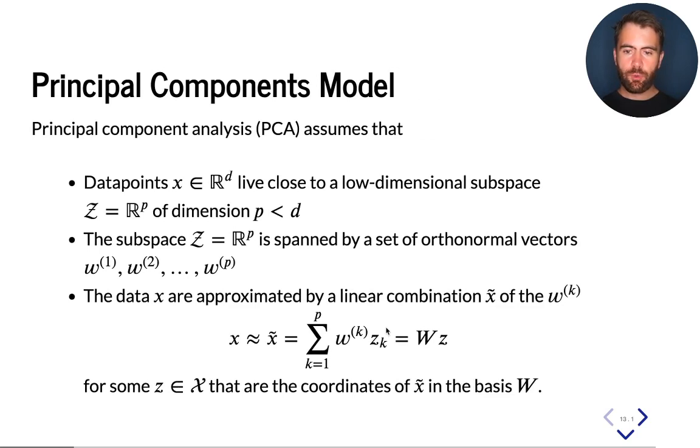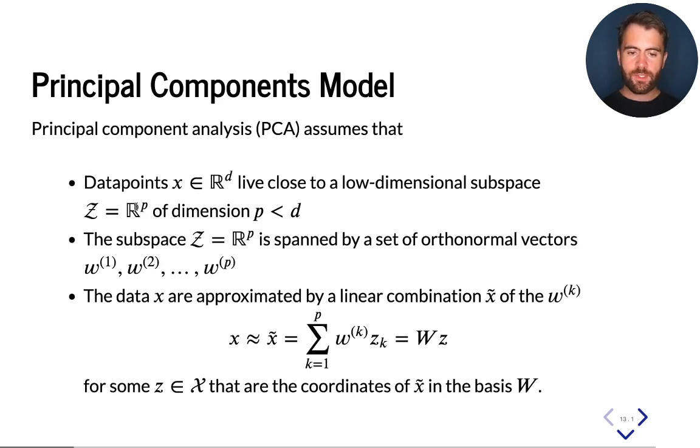So the principal component model starts with the following assumptions about how the data behaves. It assumes that even though our data is d-dimensional, most points live close to a low-dimensional subspace of dimension p.